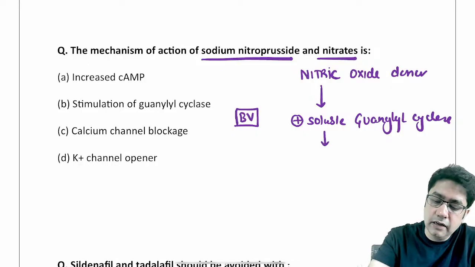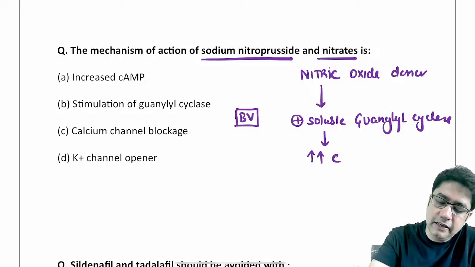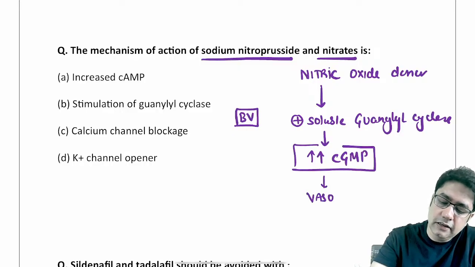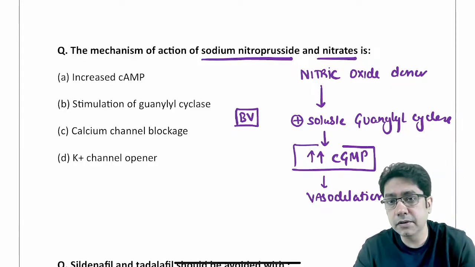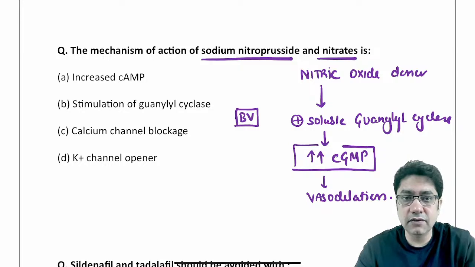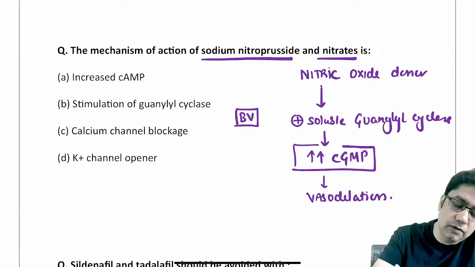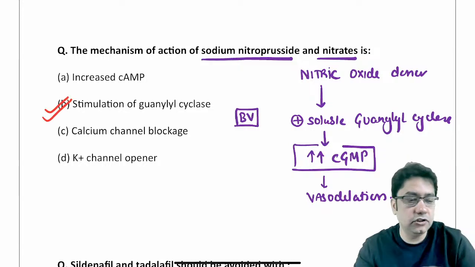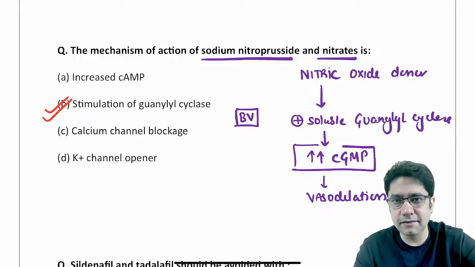When soluble guanylyl cyclase enzyme is activated, it will increase the level of cyclic GMP, and cyclic GMP causes vasodilation. So this is the mechanism you have to remember. So what is the answer of this question? Yes, the answer of this question comes out to be B, stimulation of guanylyl cyclase enzyme.